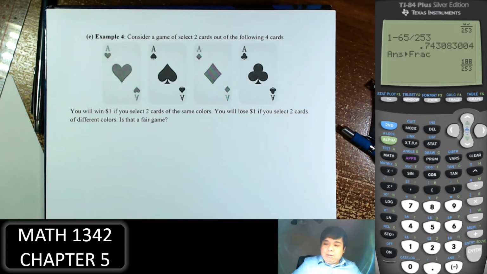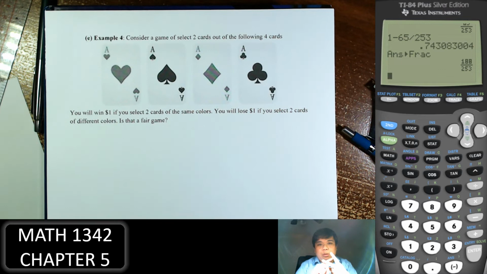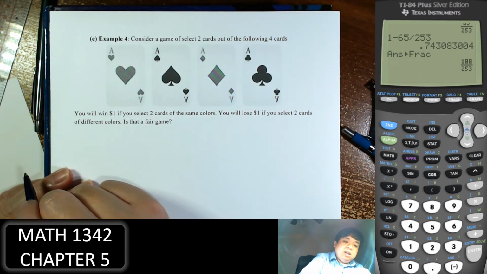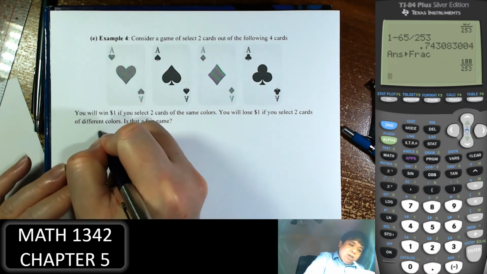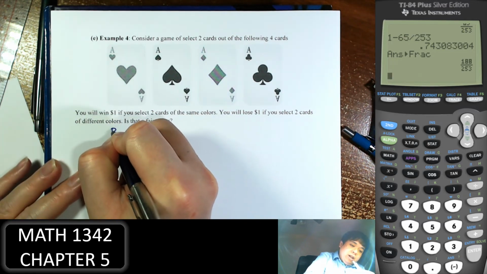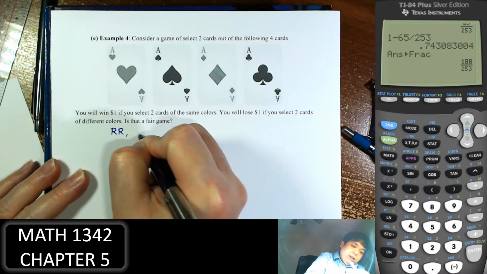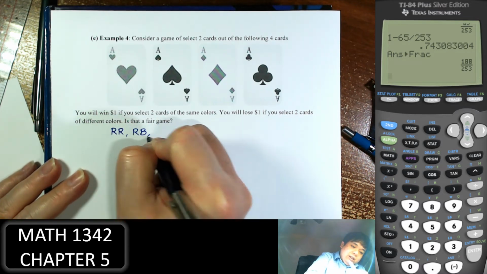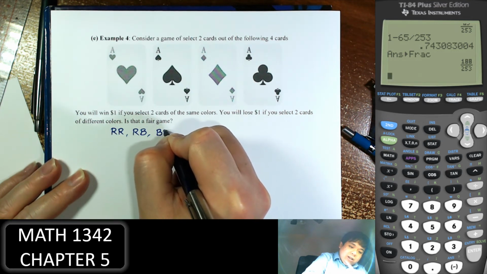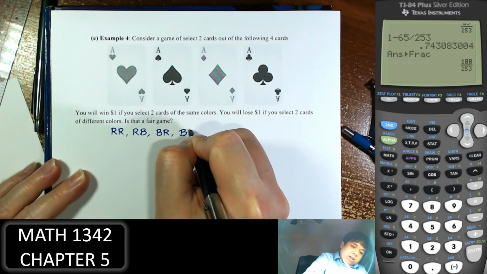Right, now let's just see. We'll list out the probability. There are 2, pick out 2 cards. The first one could be red. So we say all the scenarios will be red and red, red and black, black and red, then black and black, right?